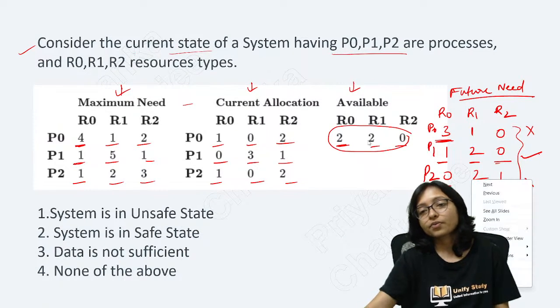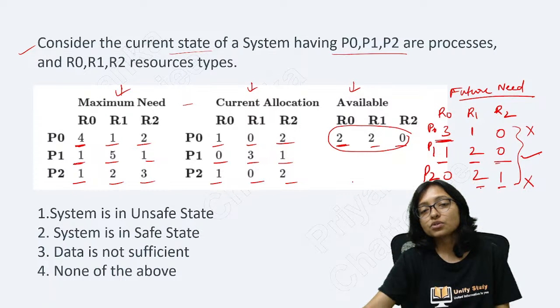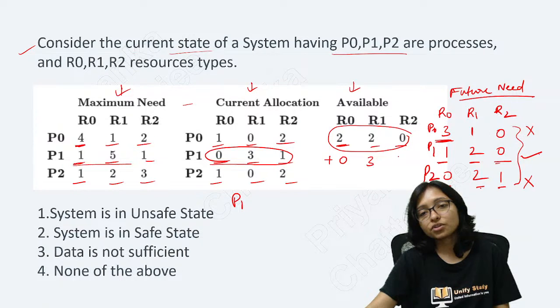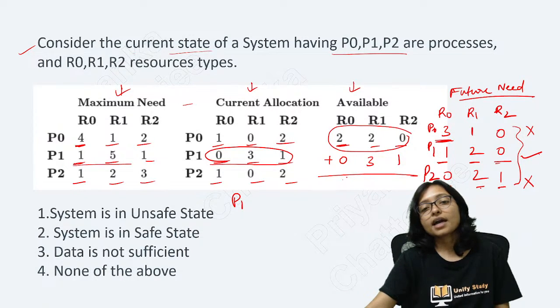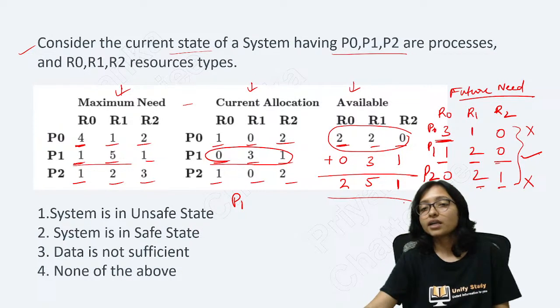So first P1 will be possible. After satisfying P1, P1 will release the resources currently allocated, 0, 3, 1. Current allocation will be added with this, so now 2, 5, 1 is available.